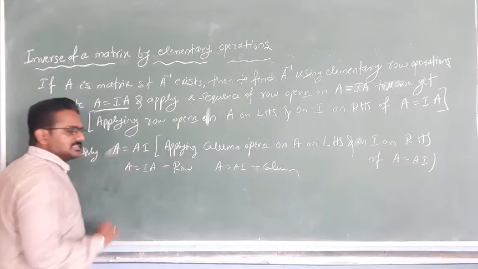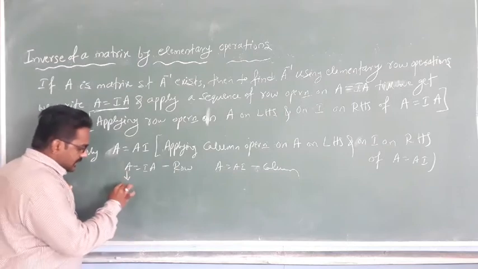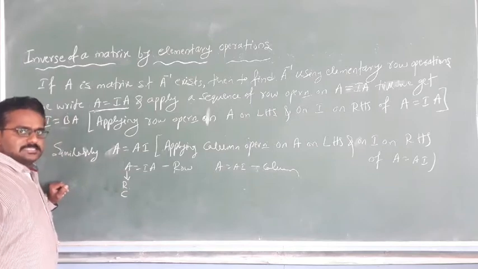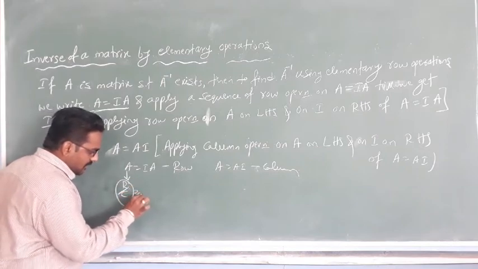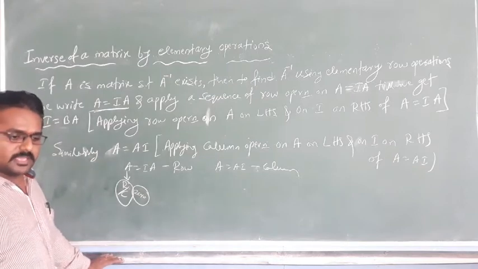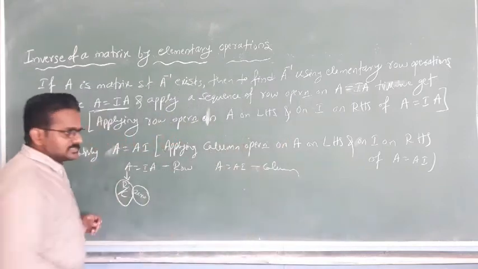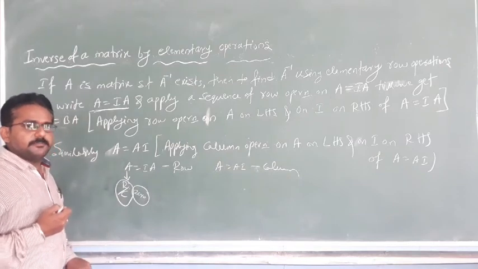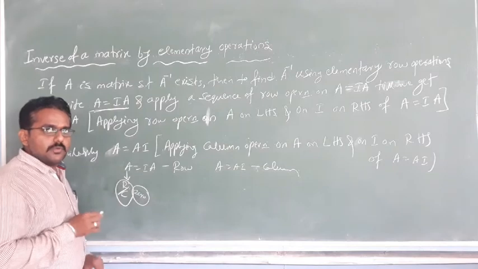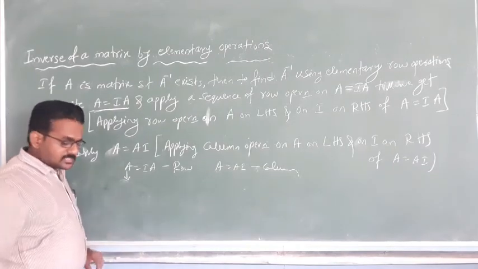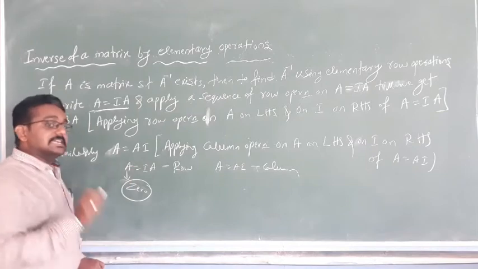While performing row operations on the given matrix A, if any row or any column has all entries equal to 0, that is, after one or two row operations all the values of a row become 0, then you have to conclude that the inverse of the given matrix does not exist.